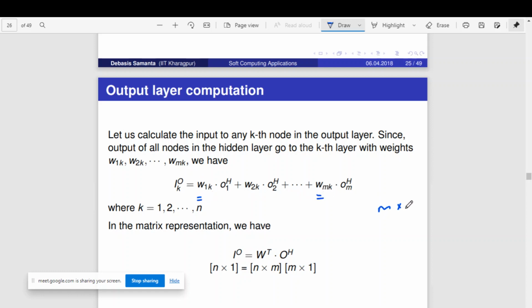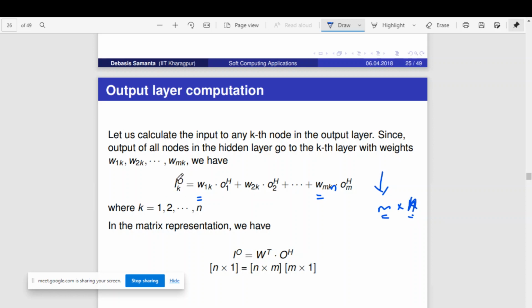It is m cross k... sorry, it should be m cross n. In between you can use k. There are m neurons in the hidden layer and n neurons in the output layer, so it is m cross n.